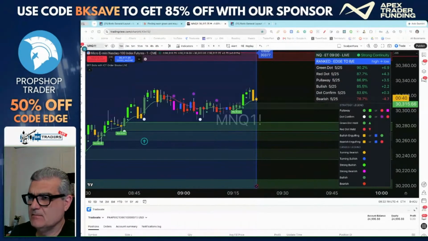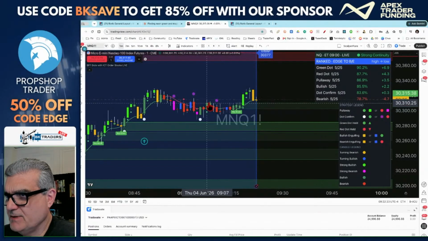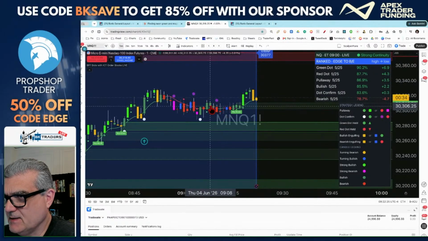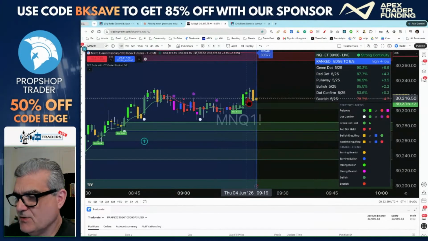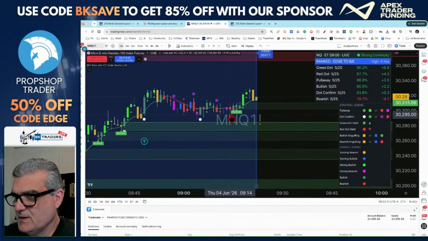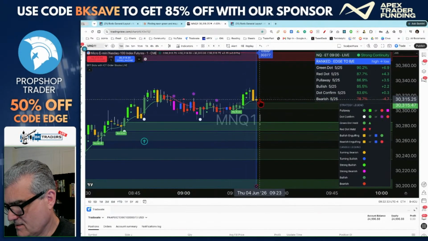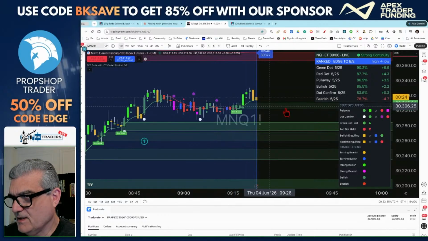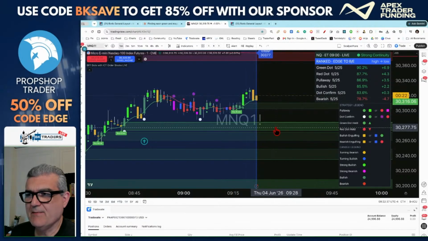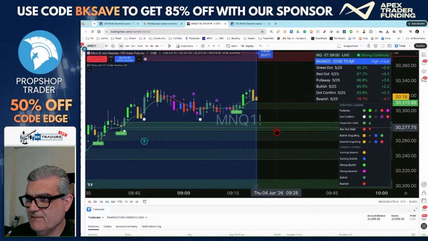What do we have? We have the green. This green dot got done. This green dot got done. So you got 2 minus 1. So you had like 11 to 2, basically. I'm counting winners against losers on the structure. 11 to 2.